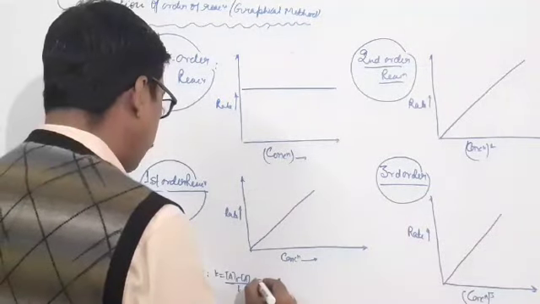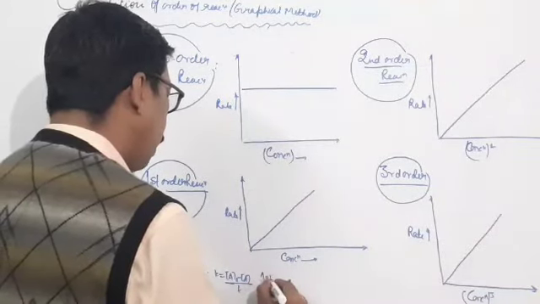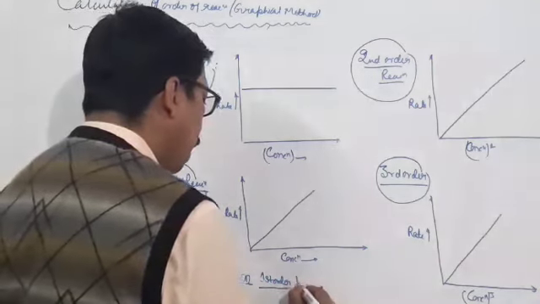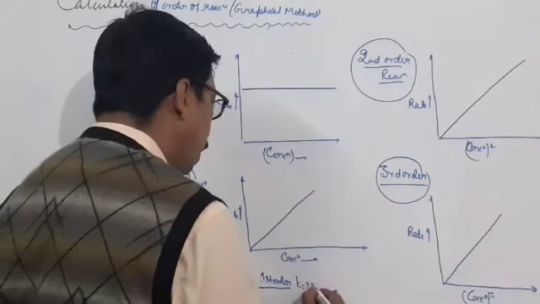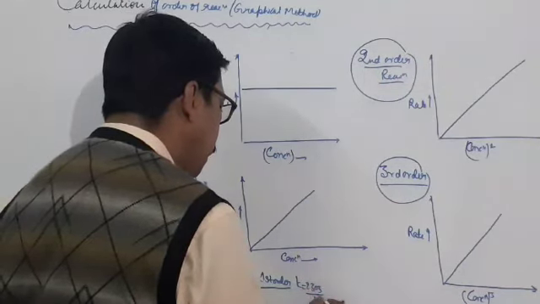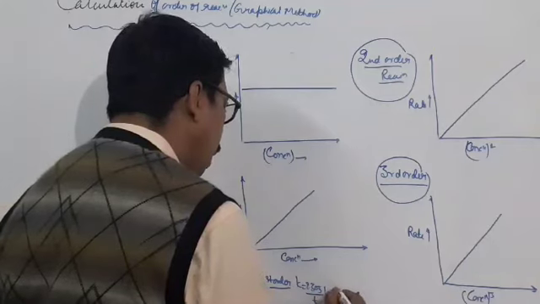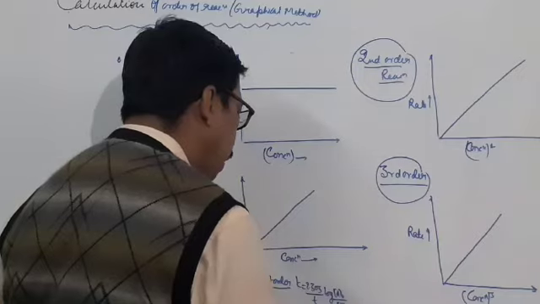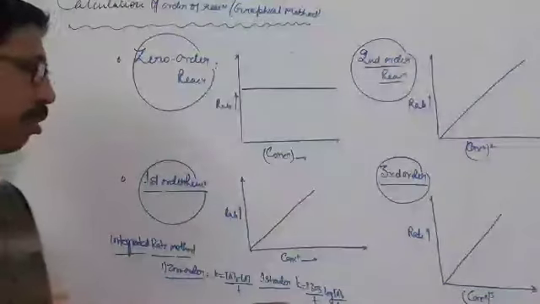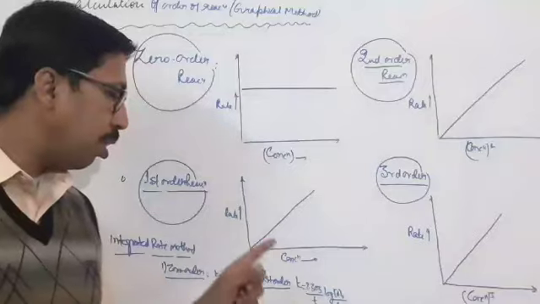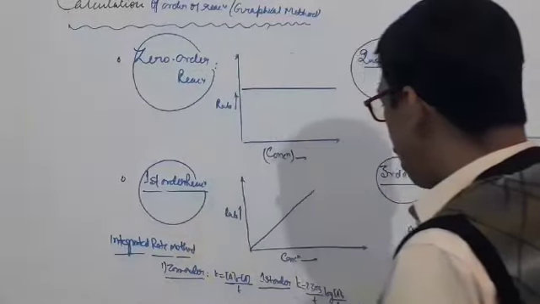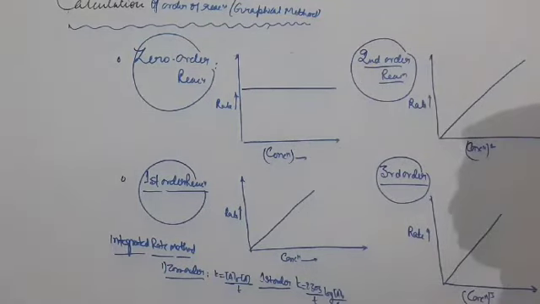Similarly, first order, it is K equals 2.303 by t log A naught by A. If the given condition satisfies this expression, then the reaction will be of first order, and so on. So it is also known as the hit and trial method.